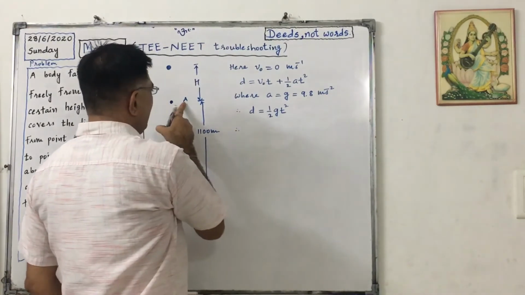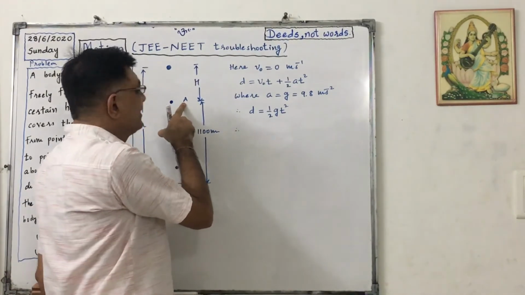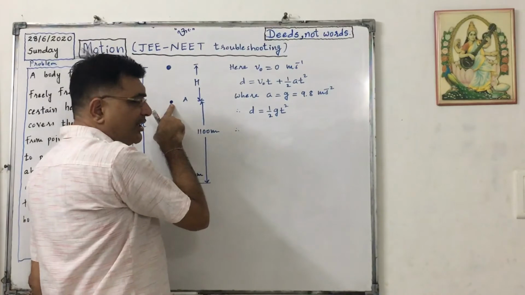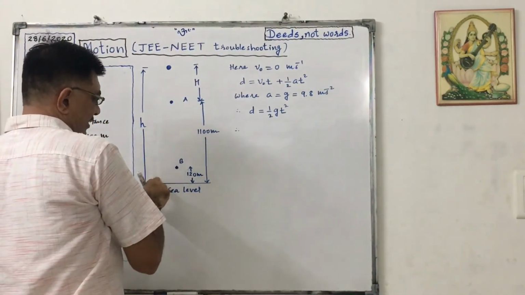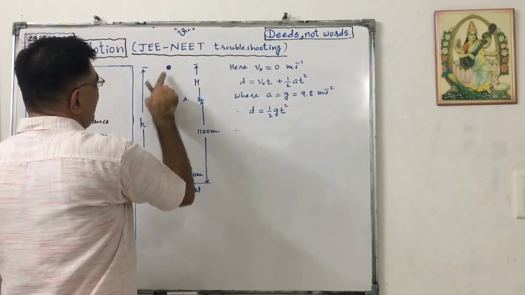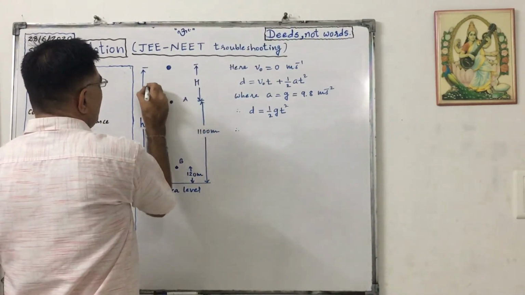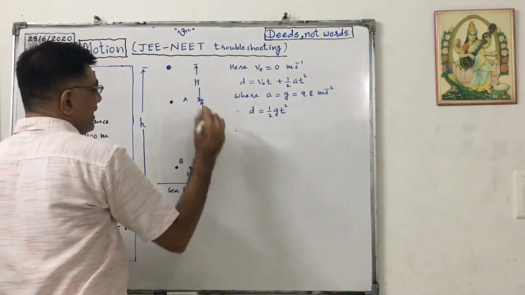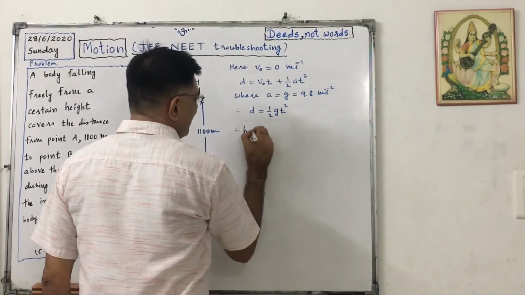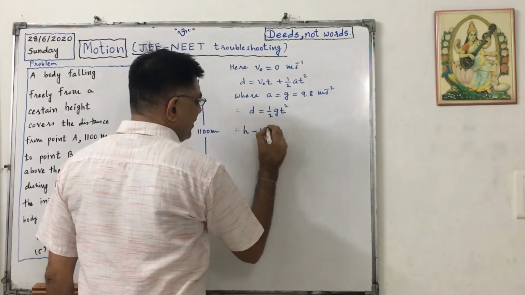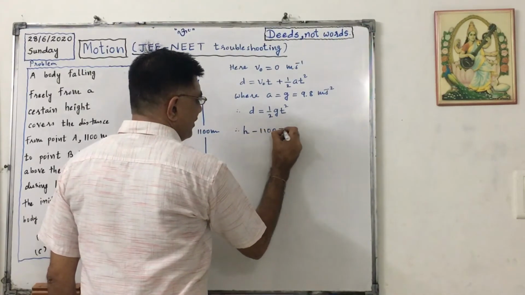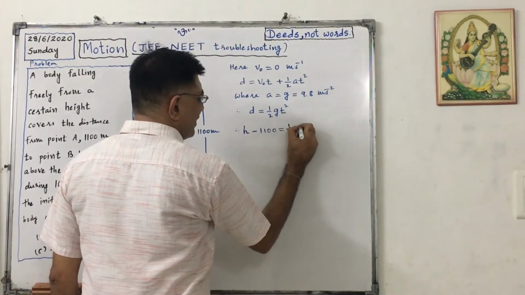For the particle reaching point A, see, this is 1100. It is falling from here, so this distance is h minus 1100. h minus 1100 equals half g t square.